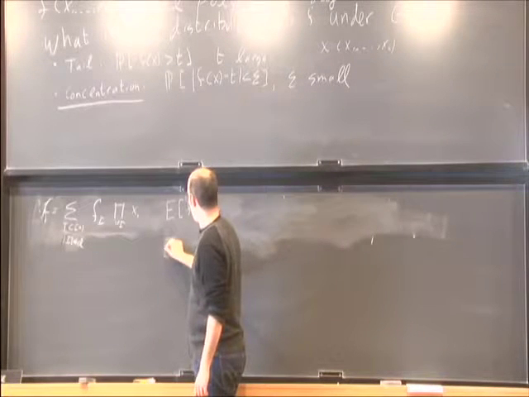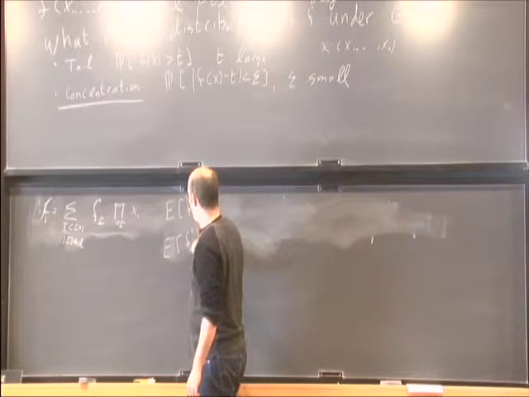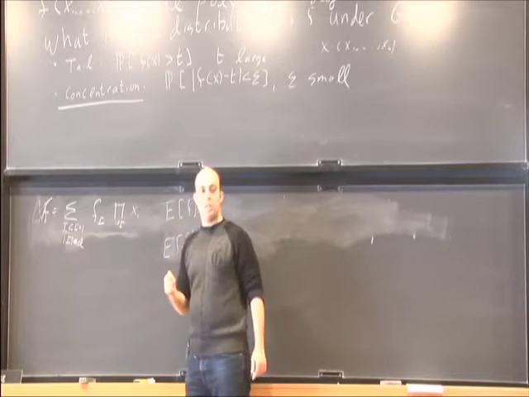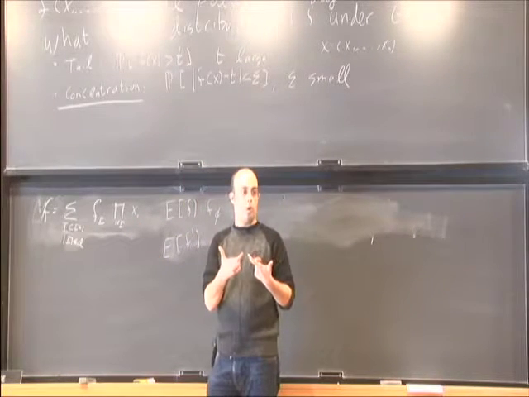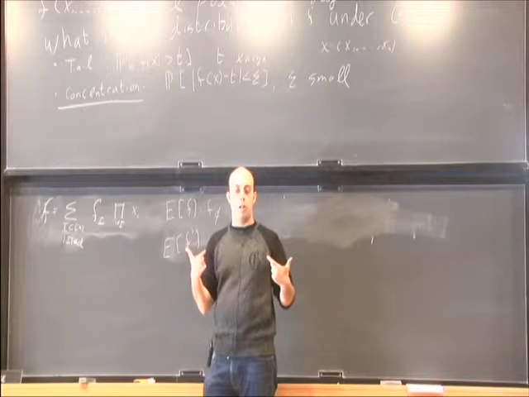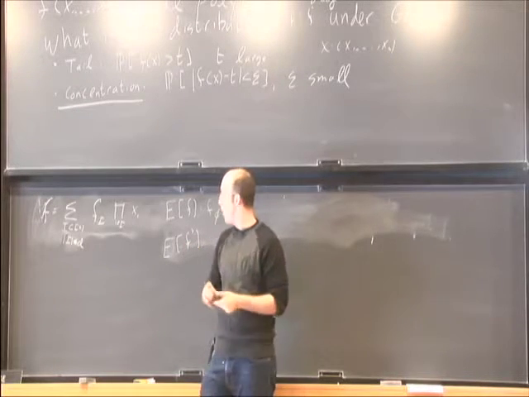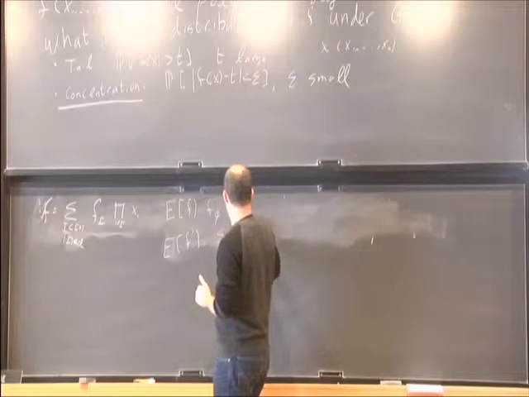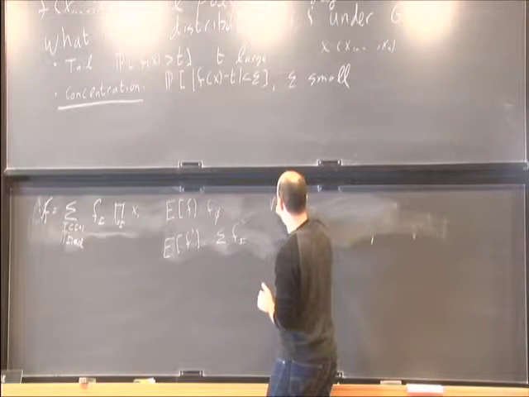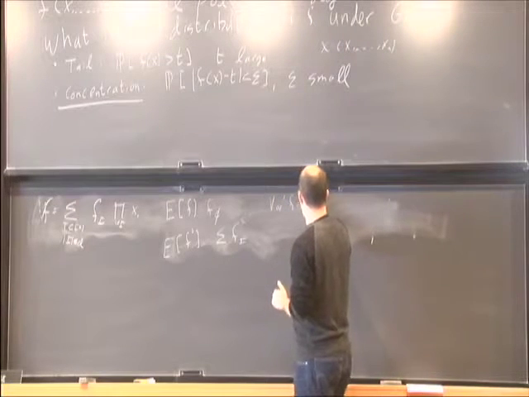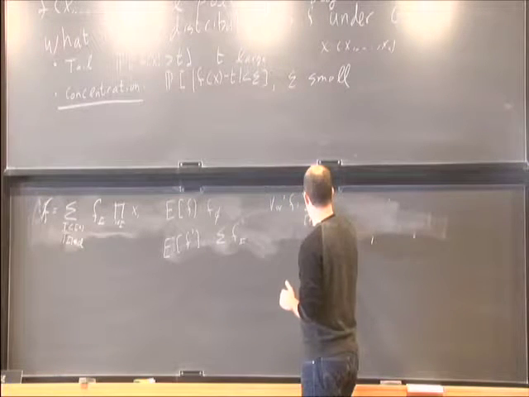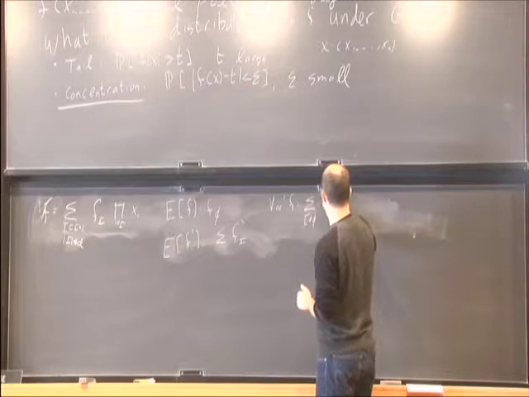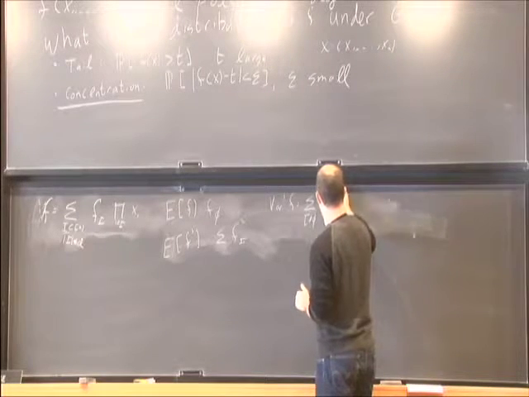And what's the average of f squared? Well, those are normal variables, so if you multiply any two monomials, their average is 0, unless it's the same monomial multiplied with itself. So the variance of f is just the sum over all I, not the empty set, of f_I squared.